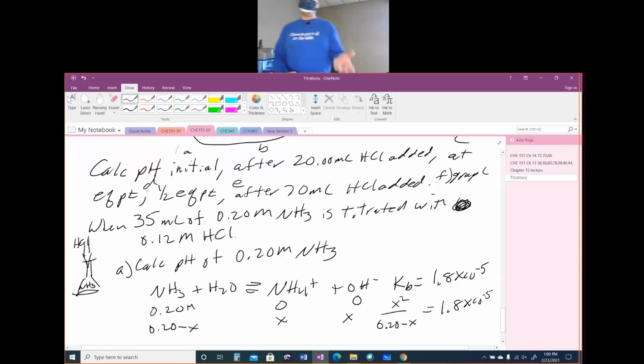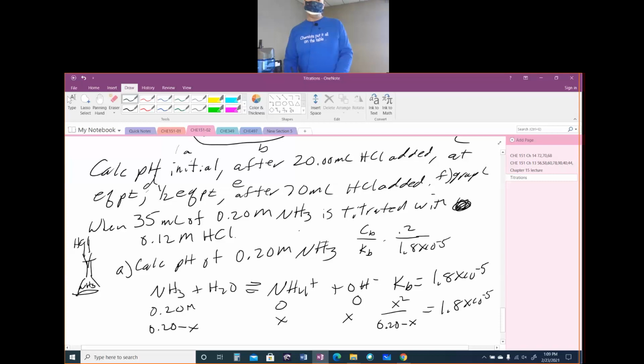Now, to check to see if we have to put in the x value to successive approximations, you take your initial concentration of your base, divide by the equilibrium constant for the base, Kb, and see if that is greater than 1,000. So you take 0.2 divided by 1.8 times 10 to the minus 5.